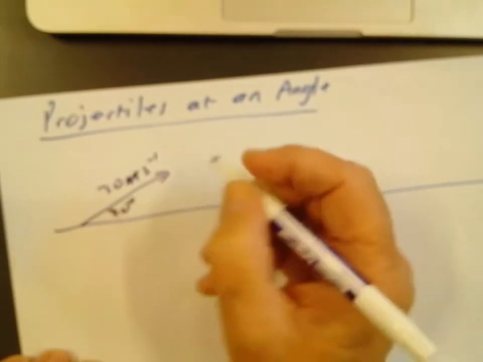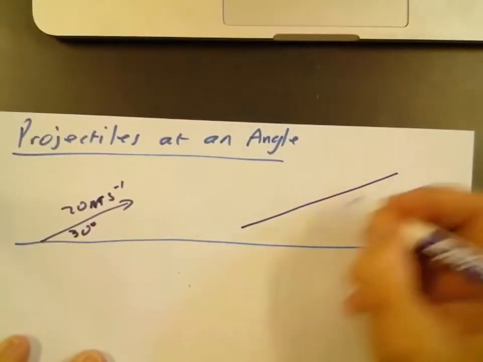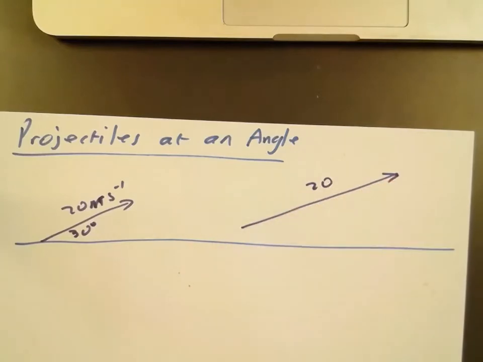Think about the fact that, I'll break that vector down, 20, we'll change colours. It's always a good idea to separate the colours if you've got them available.